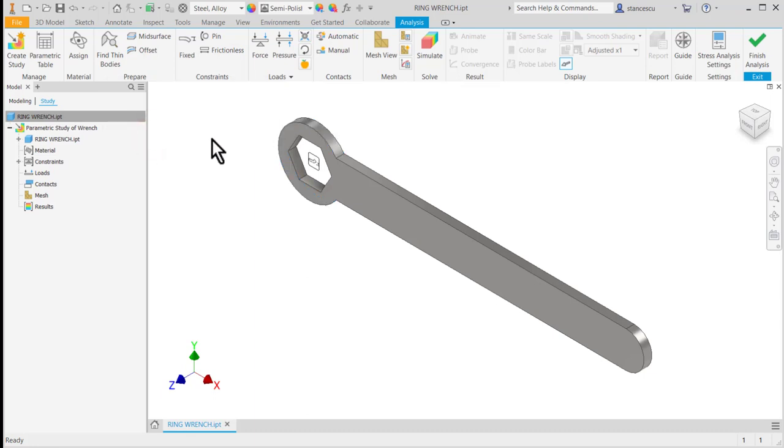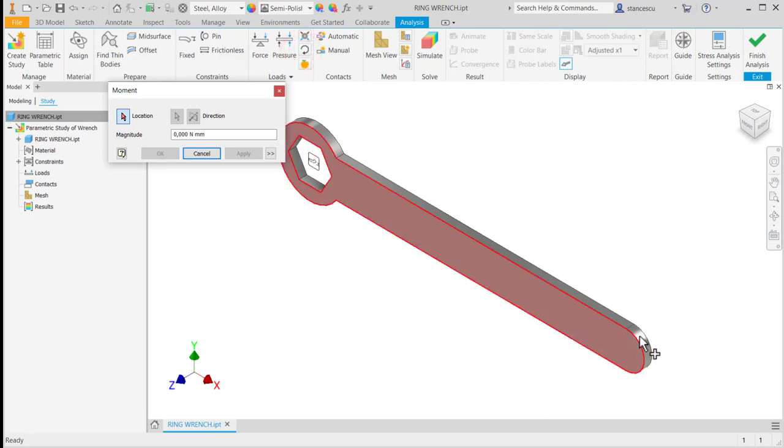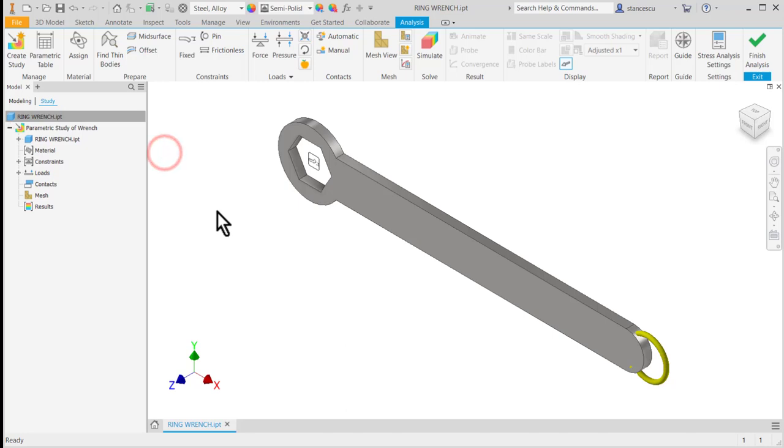The result is the same, no difference. Then a moment here, but a more plausible one: 200 multiplied by 160, you see, newtons multiplied by millimeters. This is the moment applied at this end of the wrench.